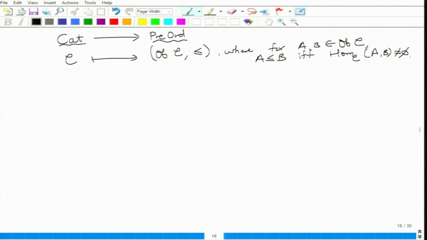If that home set is non-empty, I will make it thin. I will just retain one single morphism, and I will get rid of everything else.